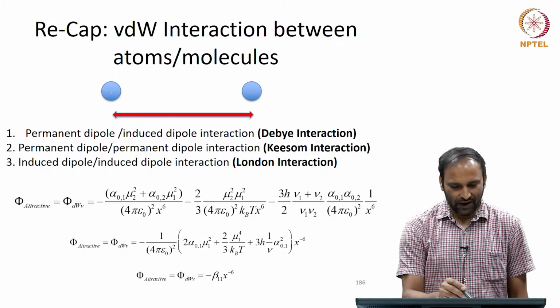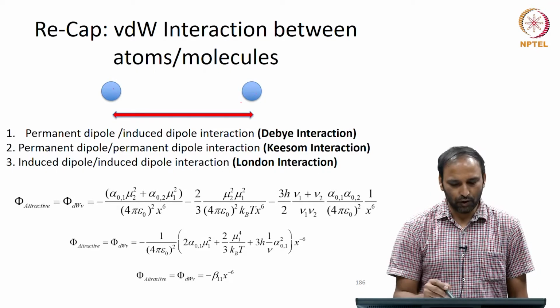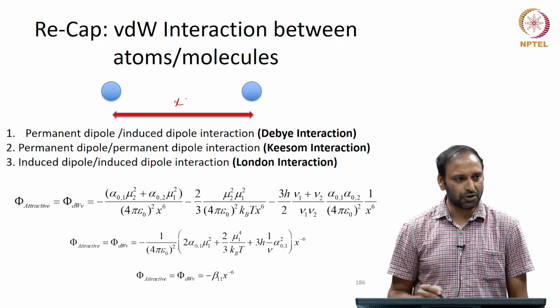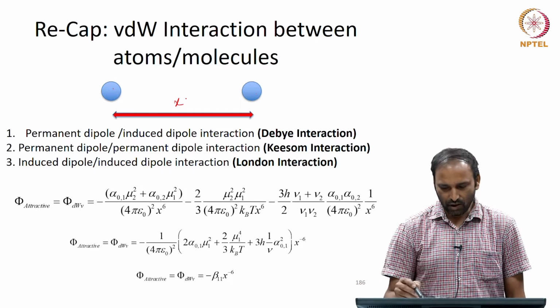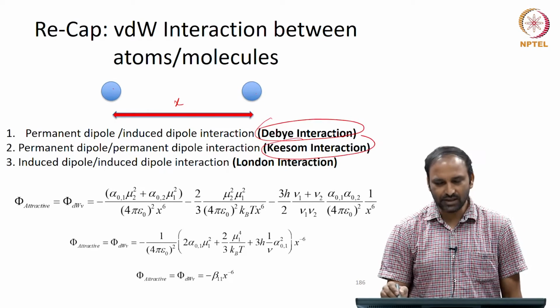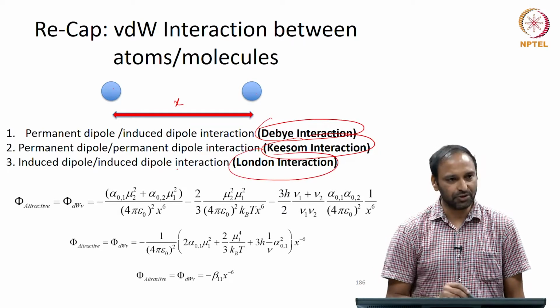Just to do a quick recap, this is what we had done in the last lecture. If I have two atoms or molecules which are separated by a distance x, the total contribution to the Van der Waals interaction comes from the Debye interaction, Keesom interaction, and London dispersion forces.